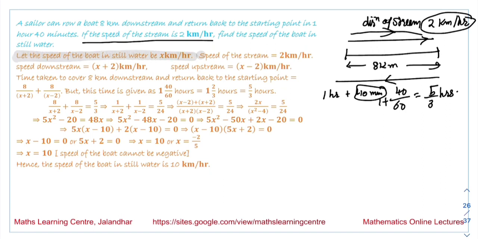So when it is moving in this direction, its speed is x plus 2 km per hour. When it is moving in the backward direction, the speed will be x minus 2 km per hour. This x is the speed of the boat in still water.